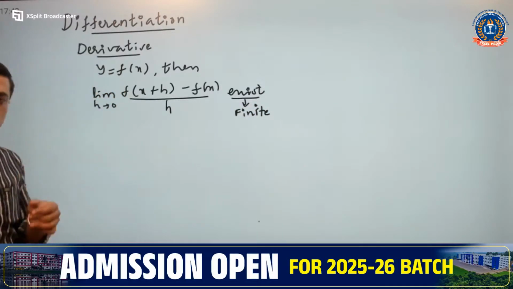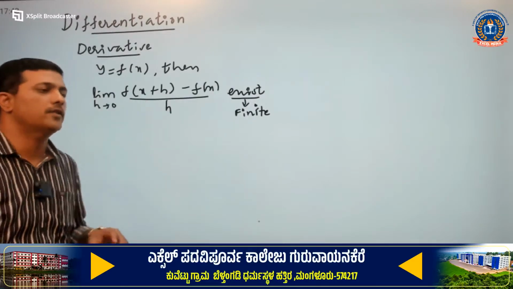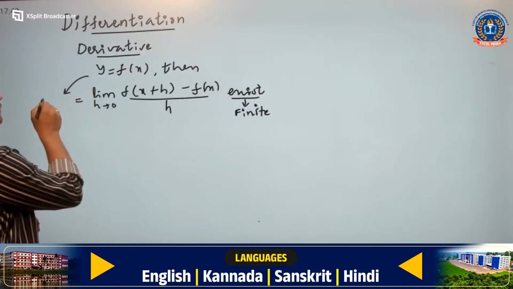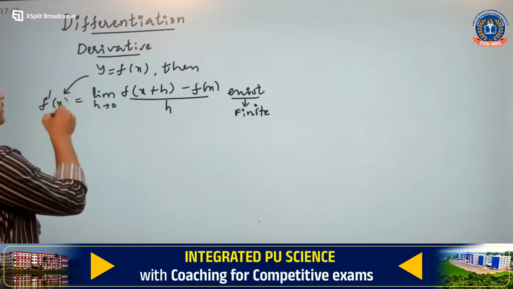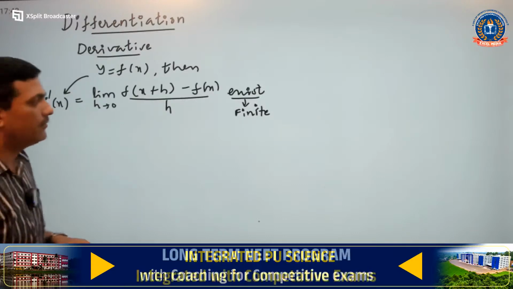If it is going to a finite value, then we say that the limit exists. When the limit exists, we say the function y equal to f of x has a derivative, which is denoted by f dash of x. This is what we did yesterday.